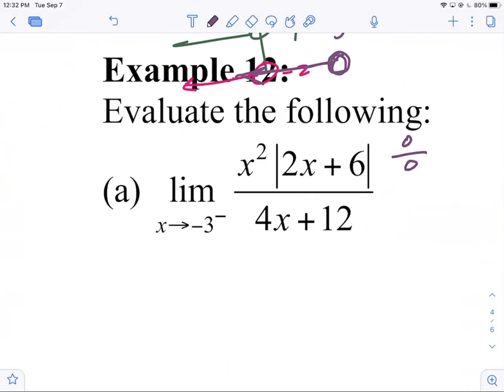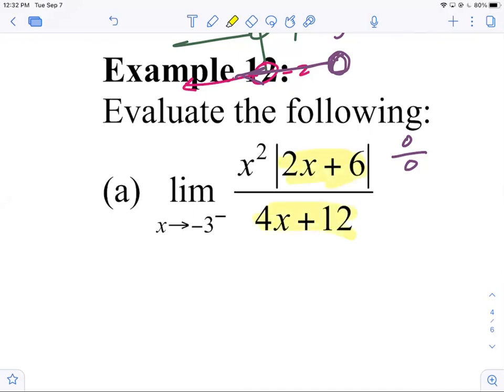Is this a transformation of Jumpman? Yes and no. Do y'all see the Jumpman piece? Not only does it have to be linear over linear, but it has to be the two linear pieces that cause the 0 over 0. This is causing the 0 in the top.